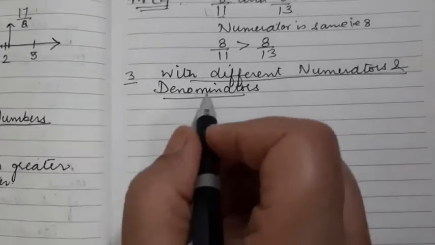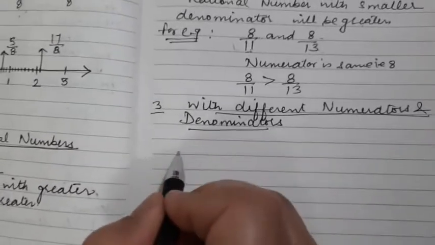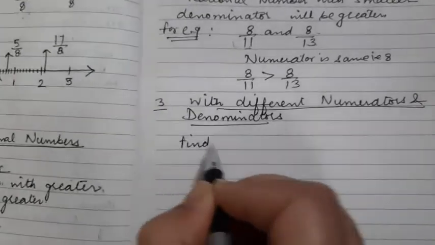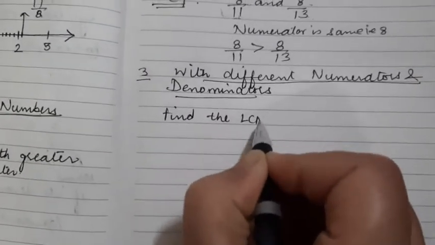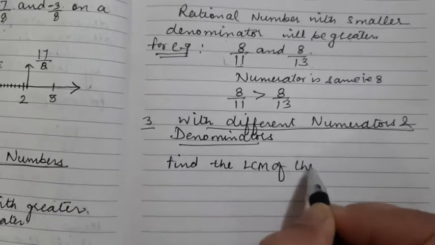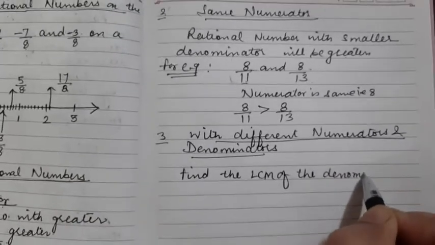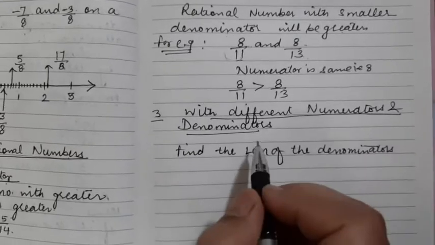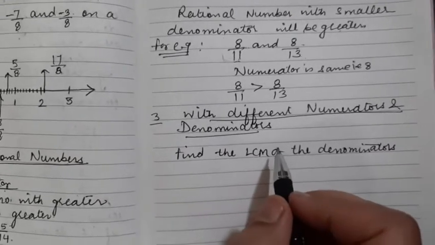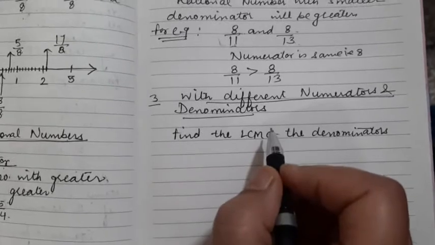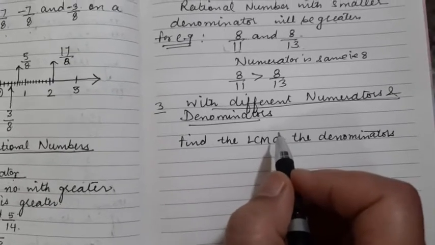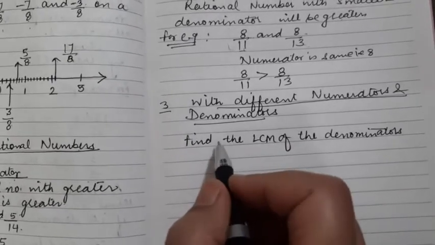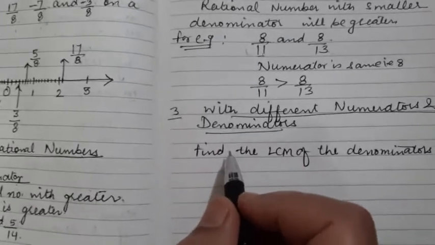We have to first find the LCM of denominators. So how to find the LCM? Like we have to compare 4 by 5 and 3 by 8.